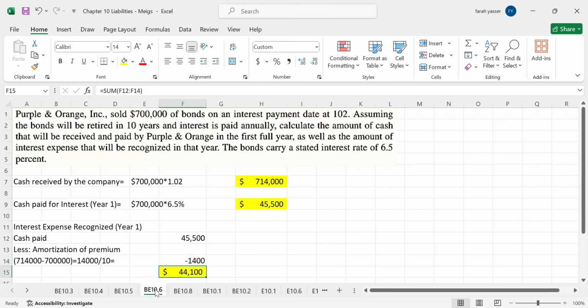We discussed this concept at the very start of this lecture. So that's it for this lecture. In the upcoming lecture, we are going to discuss how to record these concepts, meaning the journal entries related to the bonds. So that's it. Take care, class.